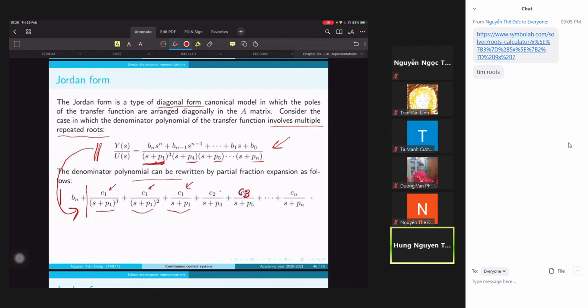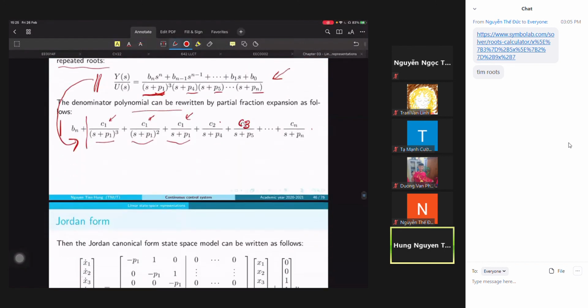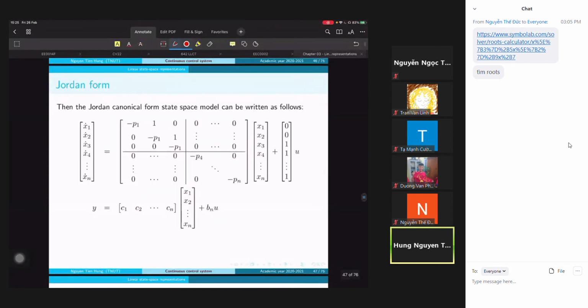And if we represent the system like this, then we get the Jordan form. The Jordan form is like this. We have all the repeated roots first, and then the next block. Remember, this element is not diagonal anymore, but we have some other elements like this.